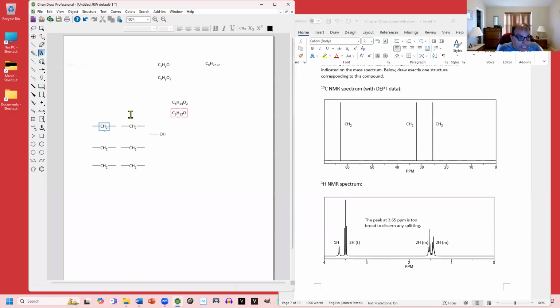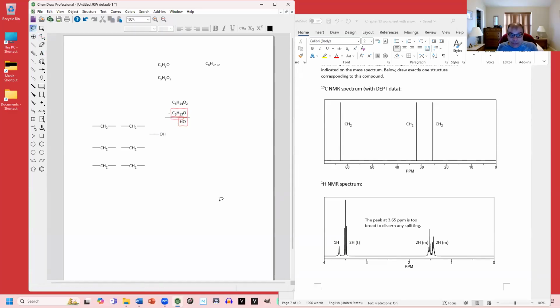And one skill that you need to have is to be ready to make subtractions. That's very helpful when trying to solve any kind of spectral data. So we'll subtract C6H13O from C6H14O2, and you'll see that what you have left is HO.